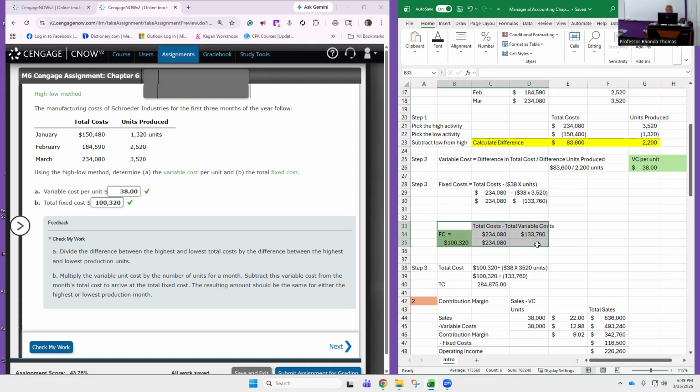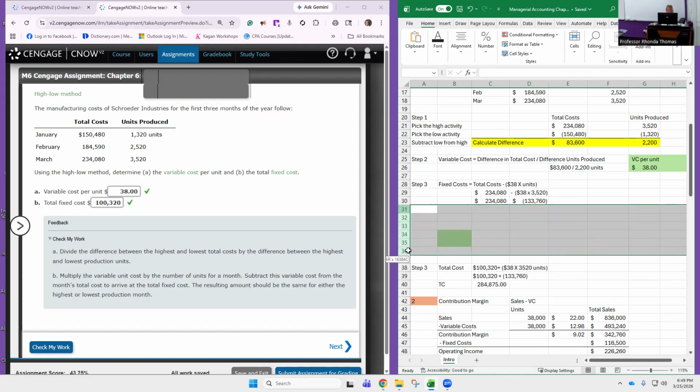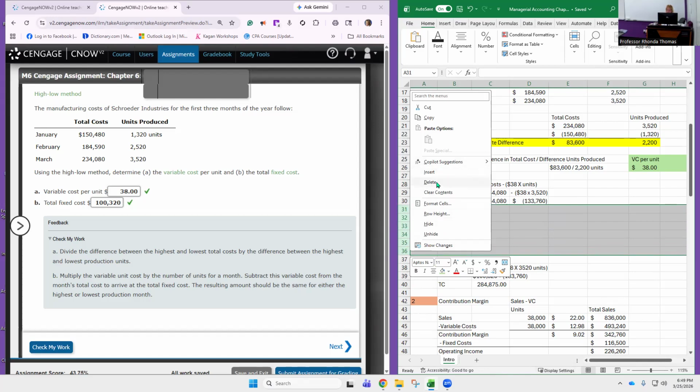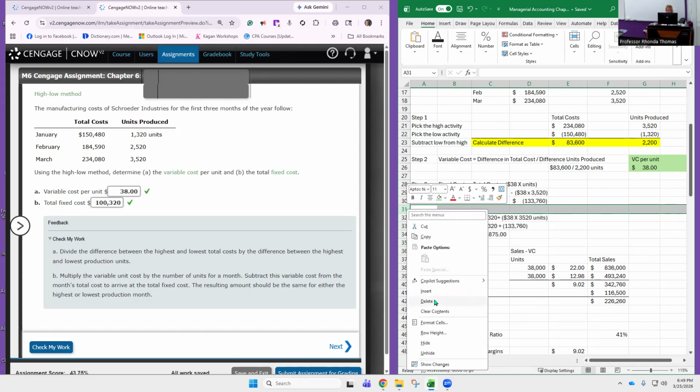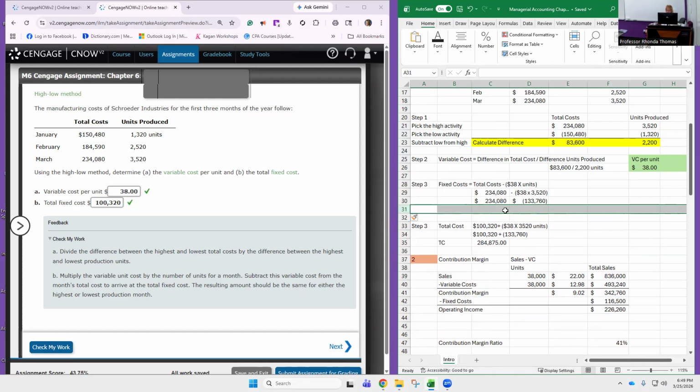Okay, so let me get rid of this and all this, trying to make it a little easier. Yeah, that's easier said than done sometimes. All right, so fixed cost is based on what we found. Okay, so equals fixed cost. That's what we're trying to find.